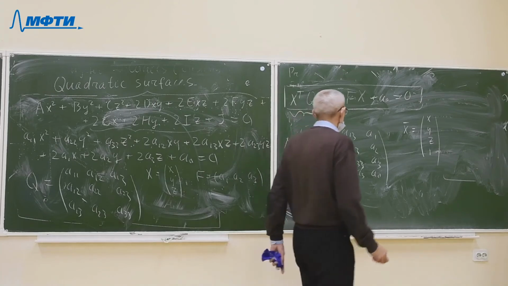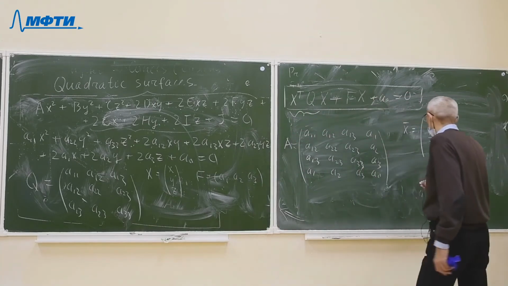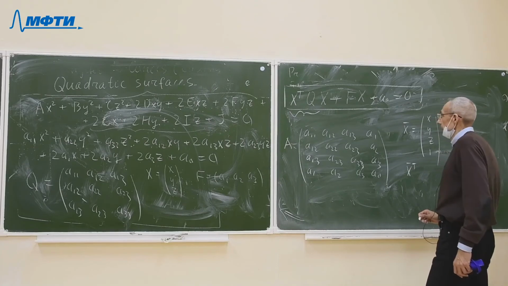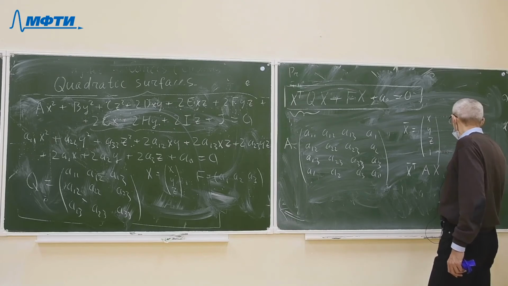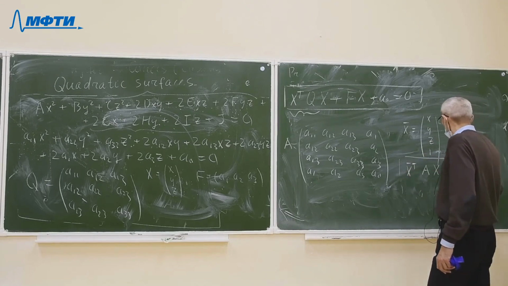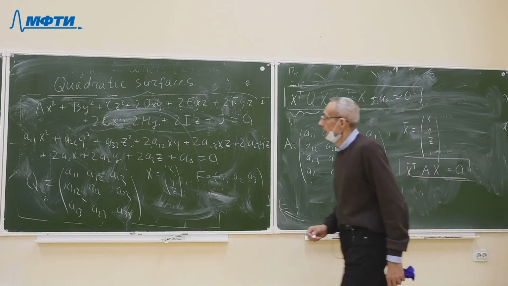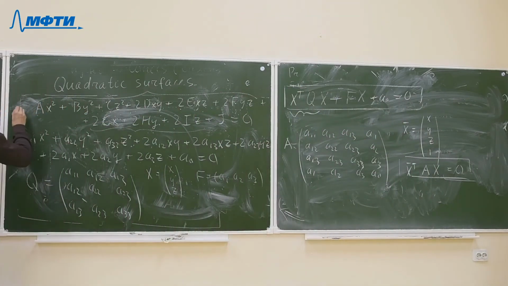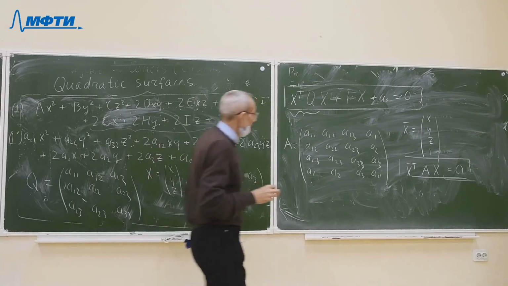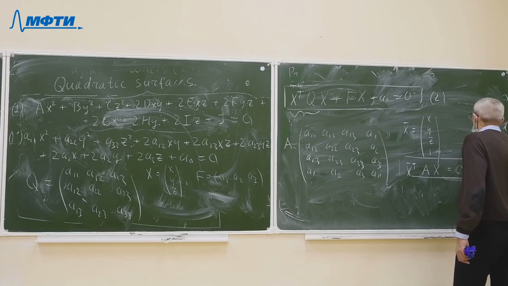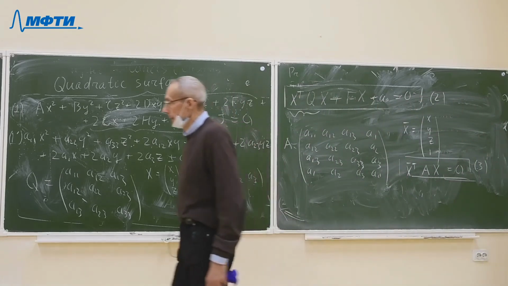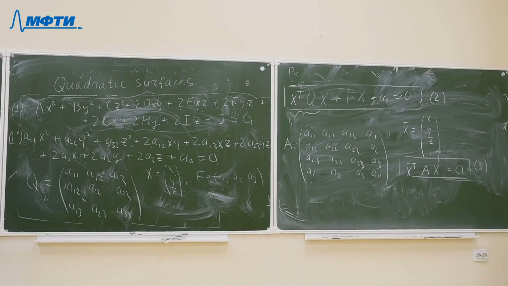And then this equation can be written in the form X bar transpose A X bar is equal to 0. We have three equivalent formulas, 1, 1 prime, 2, 3. We have three equivalent equations for the quadratic surface.